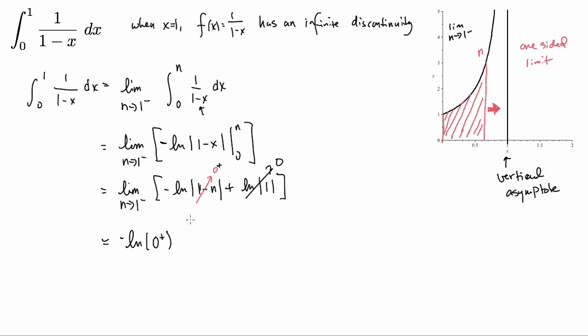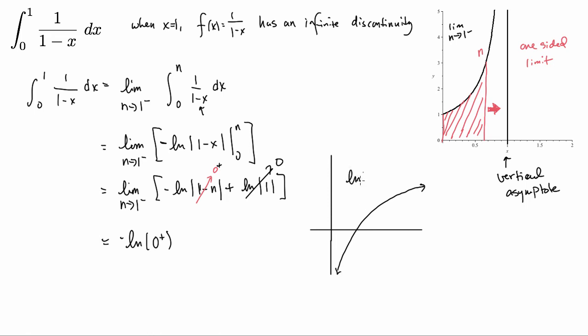So the question is, what is the limit of the natural log function as we approach 0 from the right? Well, if you graph the natural log function, from the right, it's going down like this.